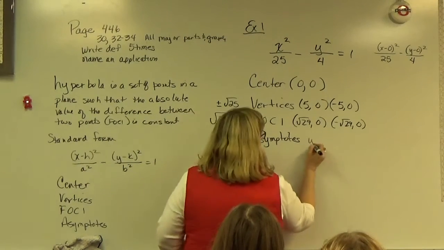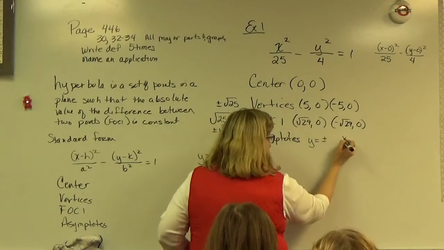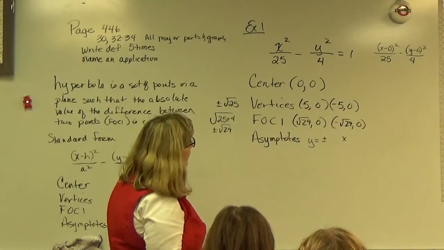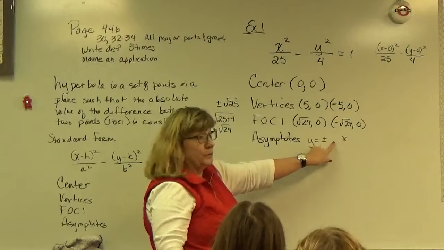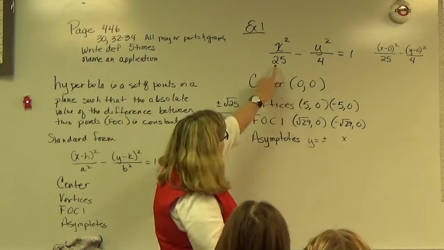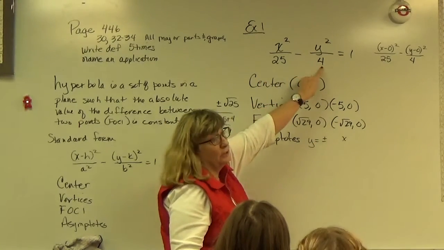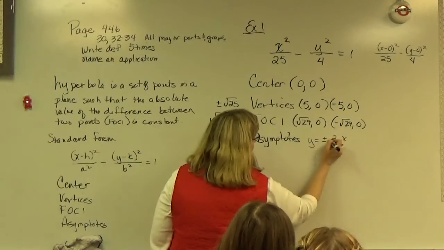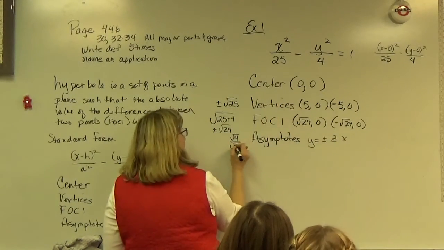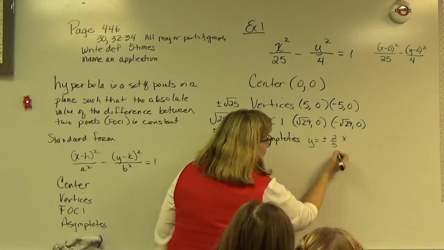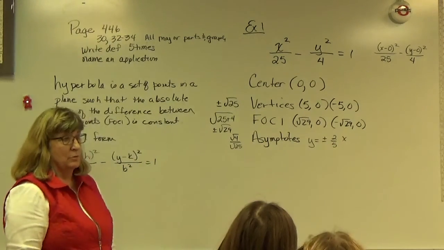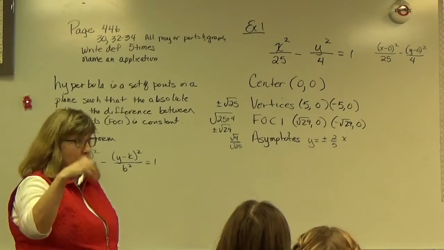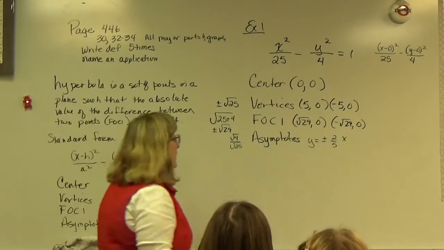So this is going to be y equals plus or minus a slope times x. You don't have to worry about the b, you aren't going to have one. All you're going to have is that slope. So slope is rise over run. So what's the square root of the y value over the square root of the x value? That's going to be the slope of our asymptotes. And slope is always rise over run, so that's y over x. That's always going to be the case.